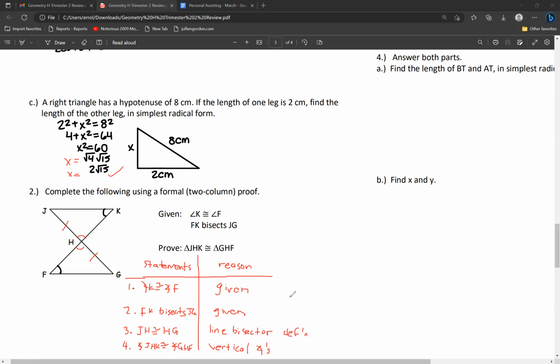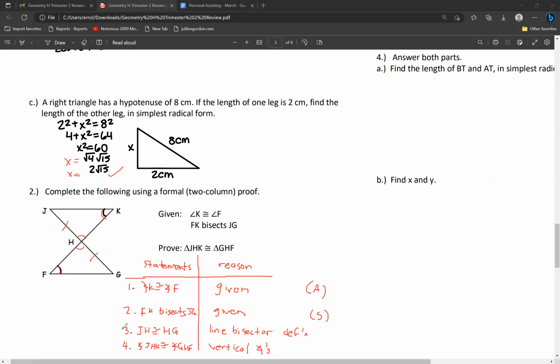Okay, so let's see here. Number one is an angle, right? Number two is a side. And then what else can we say? Number three is an angle. Number four would be the angle.